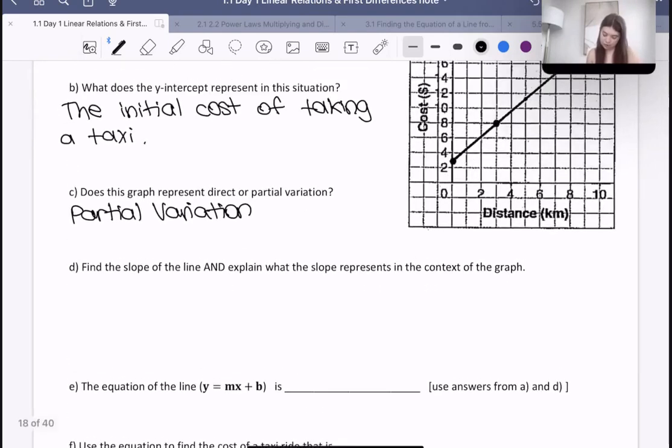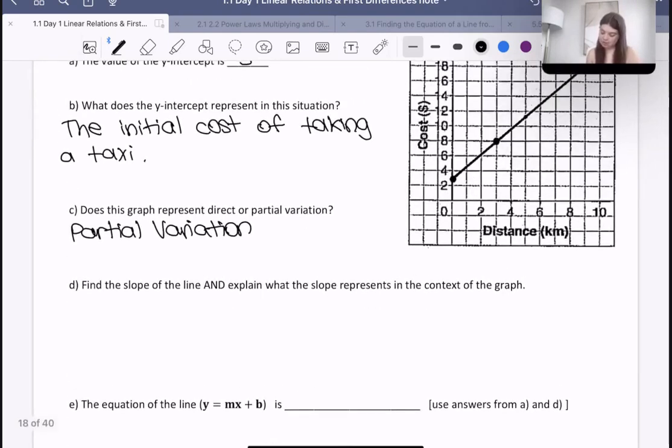Find the slope of the line and explain what the slope represents in the context. So in terms of what it's going to represent, we already know that. It's going to be telling us the number of dollars per kilometer.